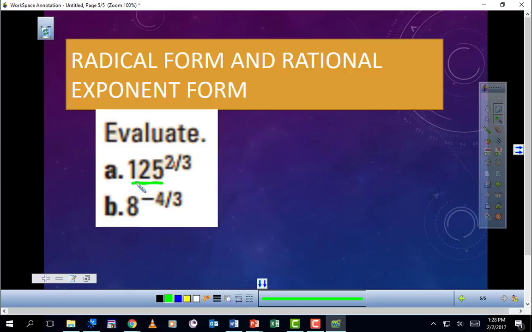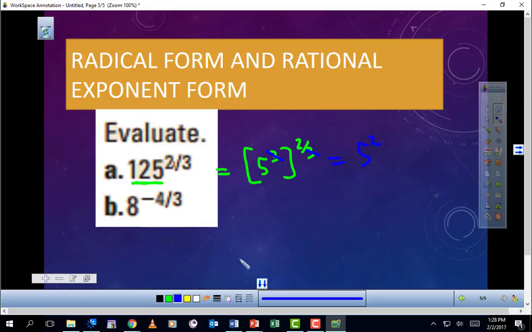Yeah, 5, right? If you rewrite this now as 5 cubed, and then you raise it to this power right here, 2/3, then the property that we're going to use is multiply the exponents. When you multiply these exponents, the 3 cancels off this 3, and so you get 5 squared.